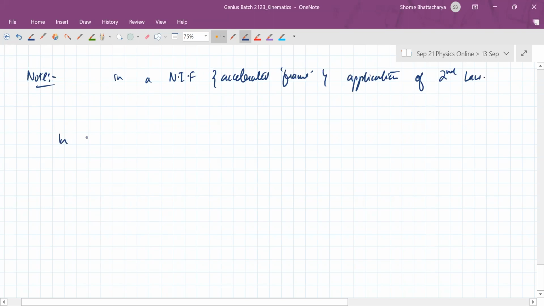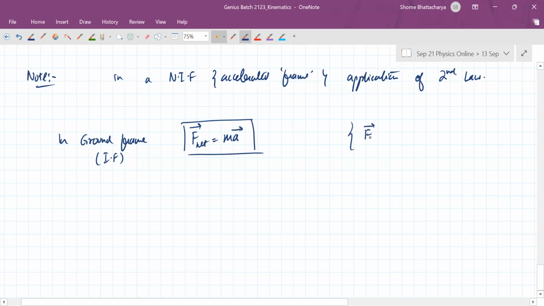So in the ground frame or inertial frame, we say that the net external force acting on a rigid body is equal to mass into acceleration, which actually comes from the fact that the net external force is equal to the rate of change of momentum. And here we are assuming that mass is constant.